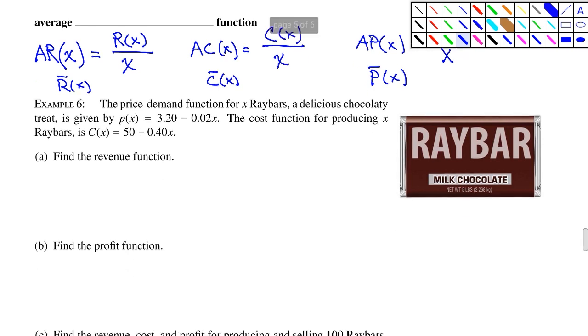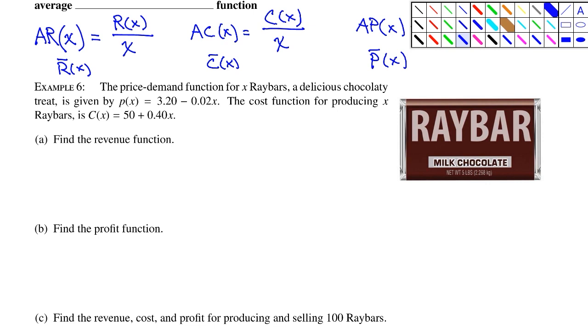Let's look at example number 6. The price demand function for X ray bars, a delicious chocolatey treat, is given by little p of X is equal to 3.2 minus 0.02X. The cost function for producing X ray bars is C of X is equal to 50 plus 0.40X. Question A, find the revenue function.